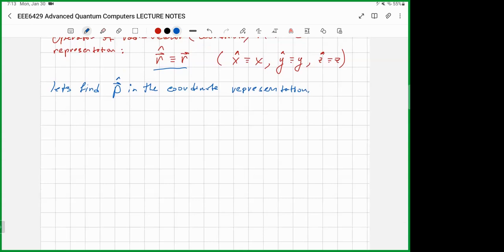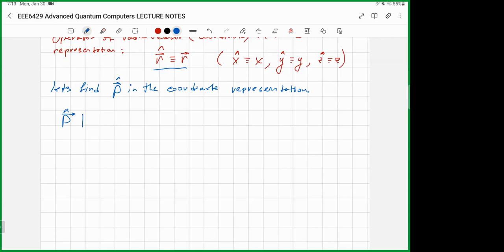So, in order to find the operator of the momentum, we have to solve the equation for the eigenstates and eigenvalues of this operator, right?